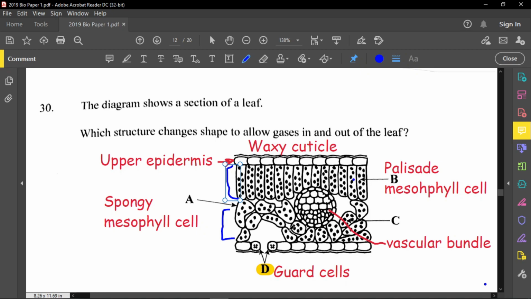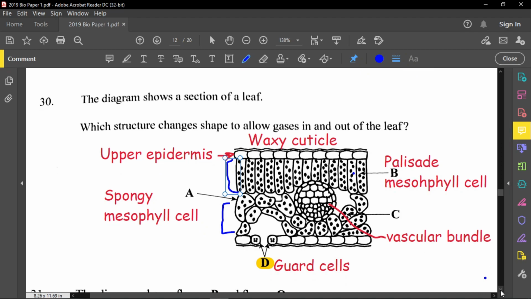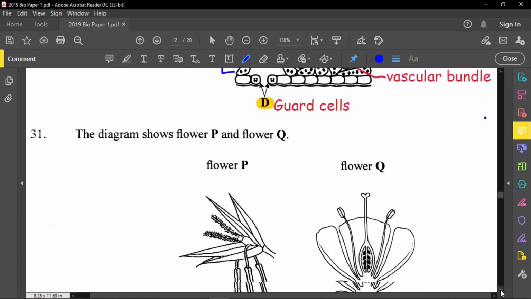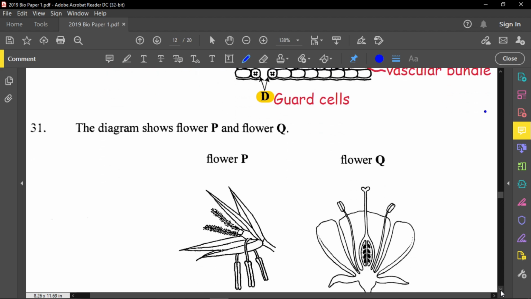But they also will get to the spongy mesophyll cell as well. And the spongy mesophyll cells, notice they are spacious and more circular. The reason why they're spacious is to allow gas to diffuse through the leaf easily. All right, question number 31.